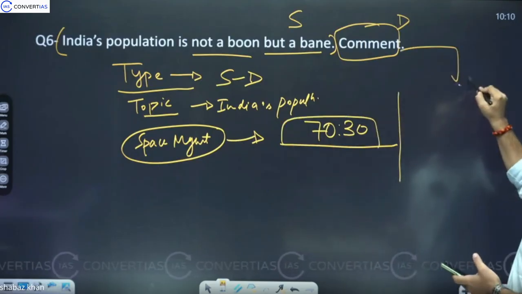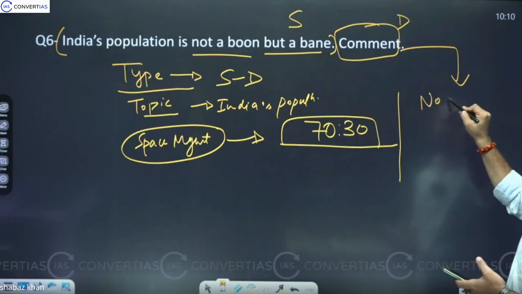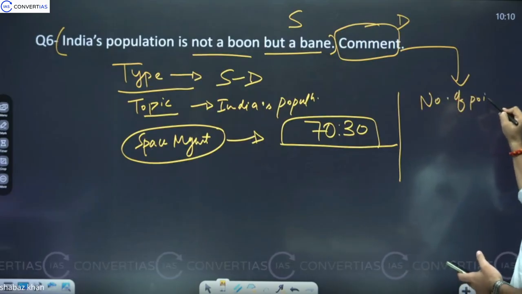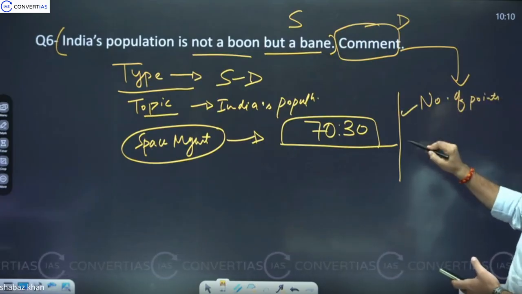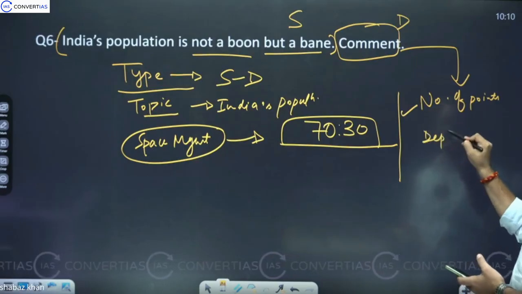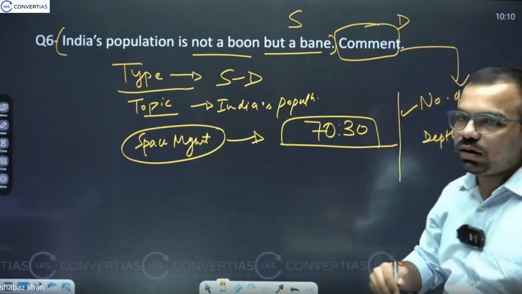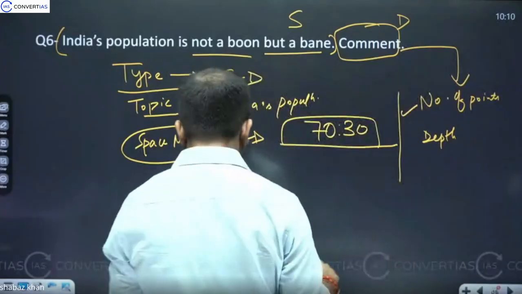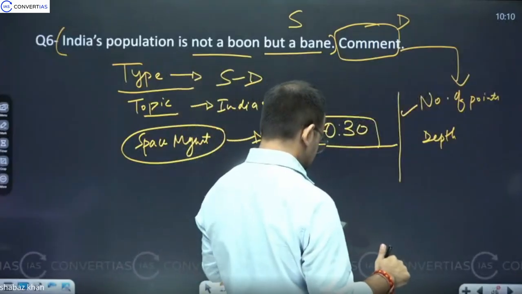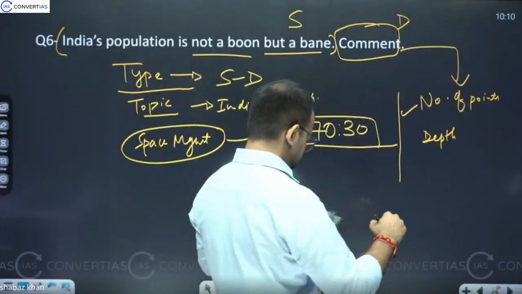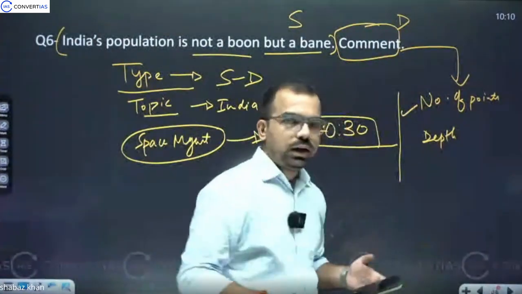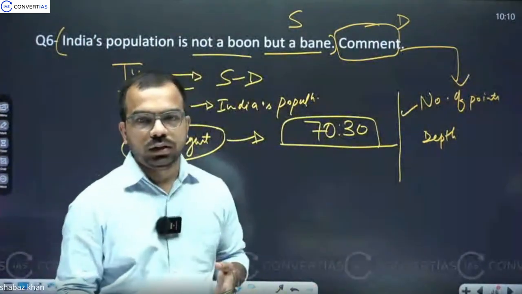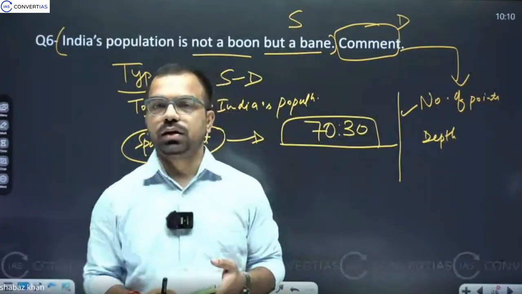In the comment part, do we need more number of points? What is our priority? Or is it the depth? Depth in every point or the more number of points? What is our priority? Depth is not that required in comment. Okay? Comment is a non-analytical directive word.